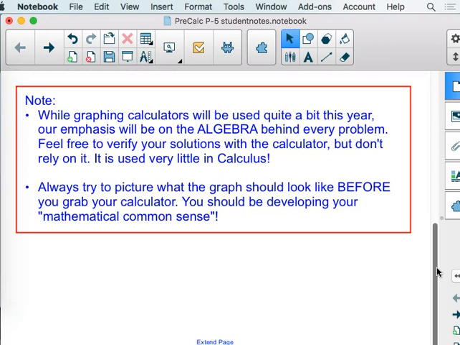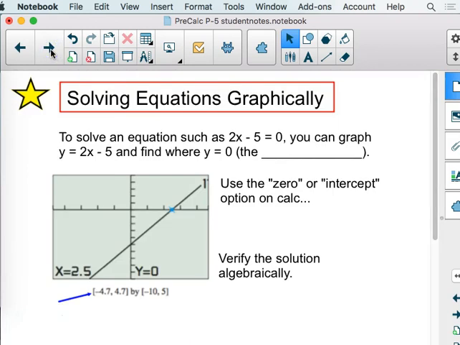And then we want to look at the odds and say, all right, well, this is an S curve, but which way does it go? Does it have a positive leading coefficient or a negative leading coefficient? We want to use that to develop that mathematical common sense. Did I punch something in wrong? You could verify visually. Oh, well, that's what I think it's supposed to look like. Otherwise, wait a minute, I better go back and punch that back in because I think I messed up.